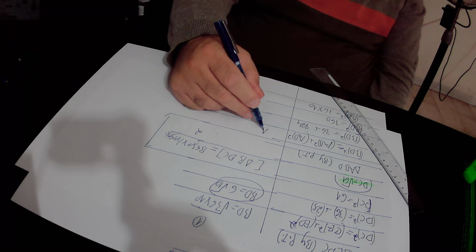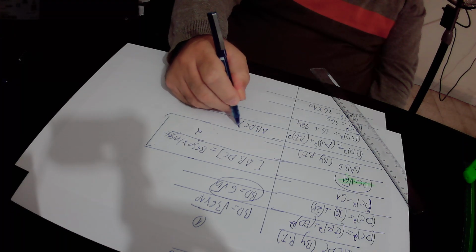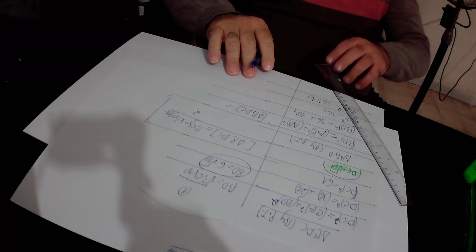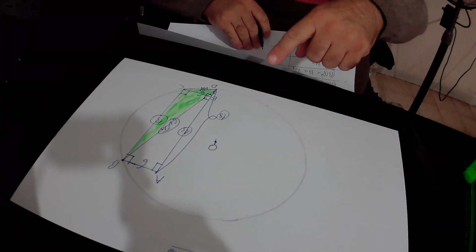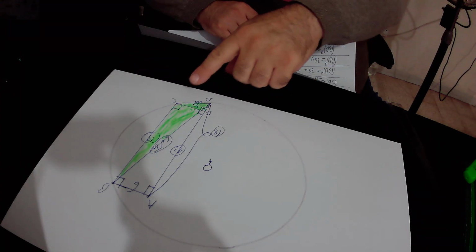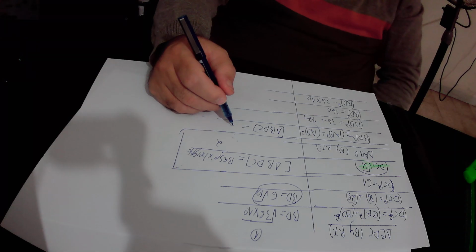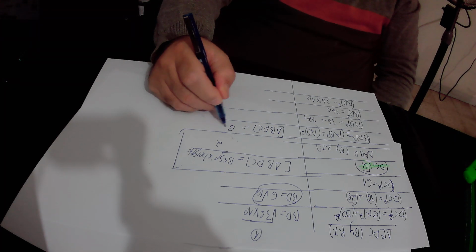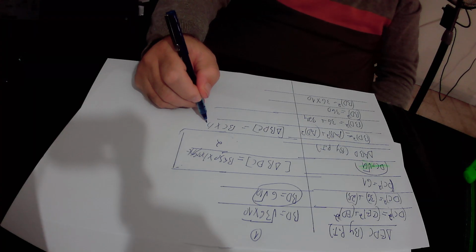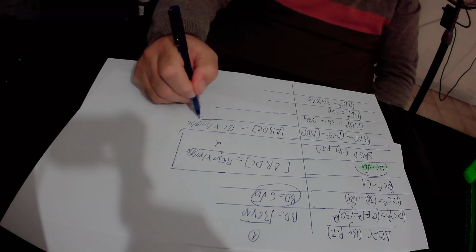So the area of triangle BDC, the green triangle BDC, will be equal to the base of the triangle. We will choose the base as BC, times the height to the base over 2.